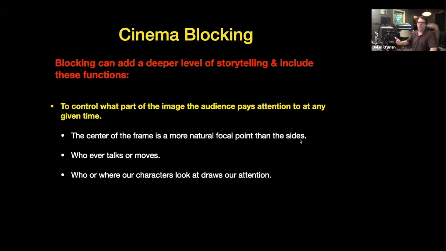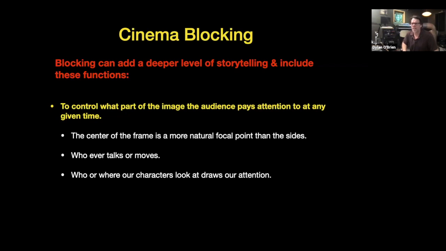Another important thing is who or where our characters look will draw our attention. It's just like if I'm sitting here talking to you guys and I do this, what? Don't you guys want to know what I'm looking at? We've all seen it where someone looks over that way and then they cut to their point of view. Remember we talked about point of view last week?